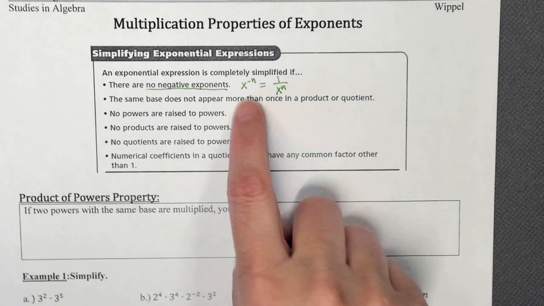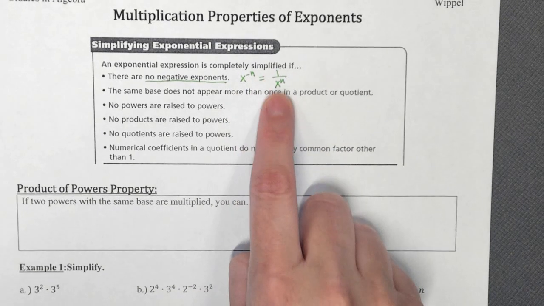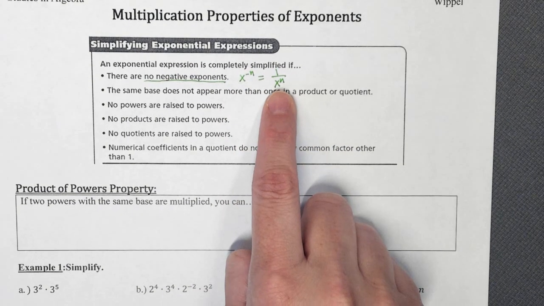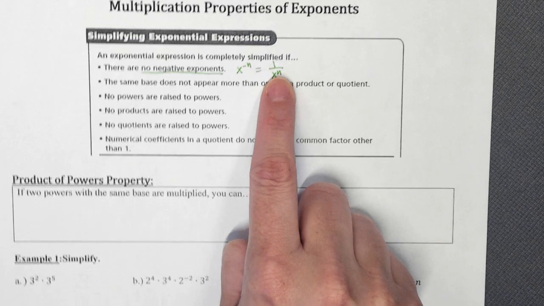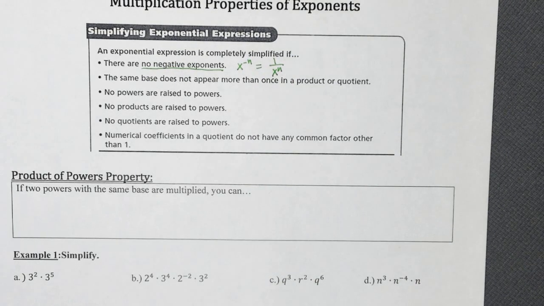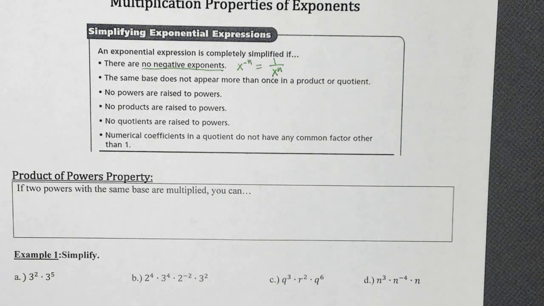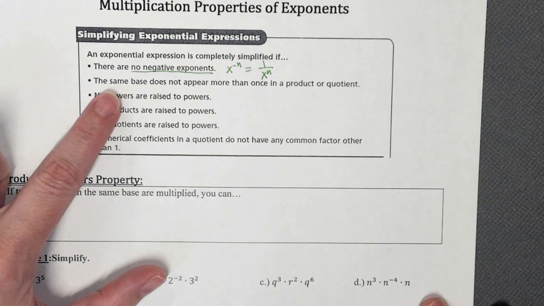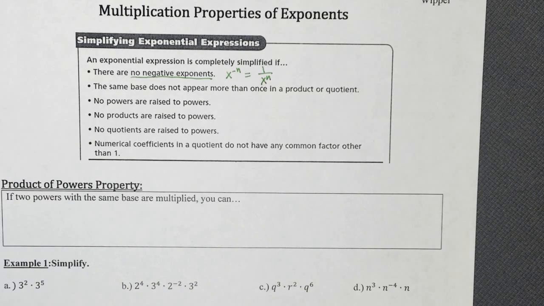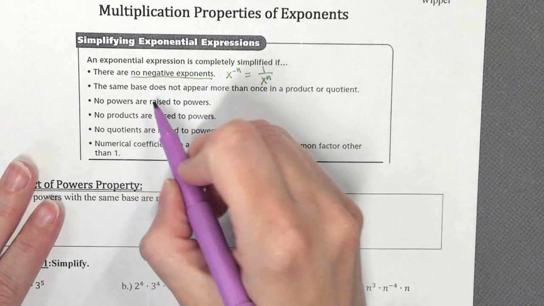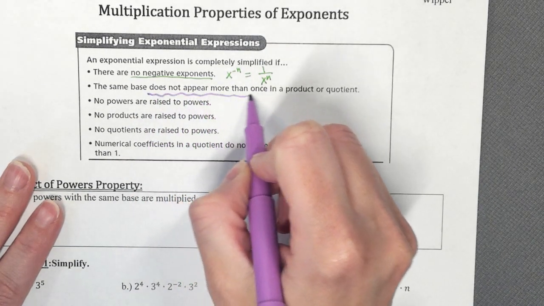Okay, so if you have any negative exponent, it's going to be 1 over whatever that power is, but you're going to make it positive. And the second one says the same base does not appear more than once in a product or a quotient.